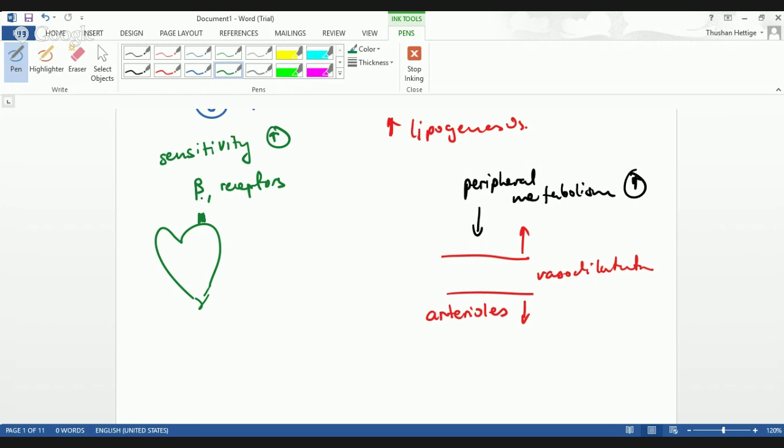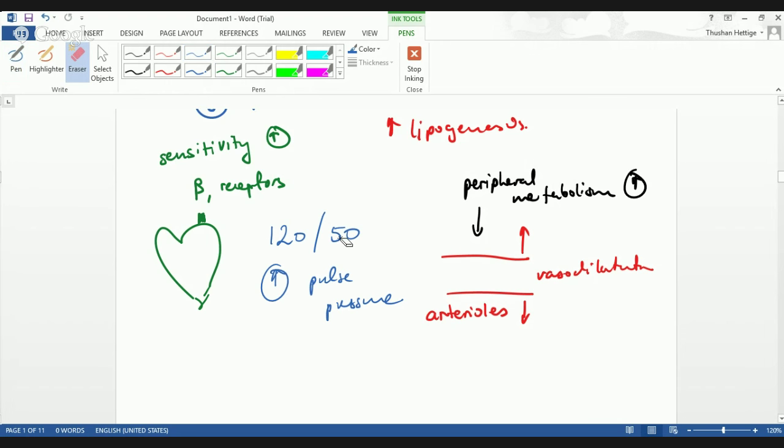But the fact that you've got systemic vasodilatation means that in a hyperthyroid patient, you may see someone with a very high pulse pressure.